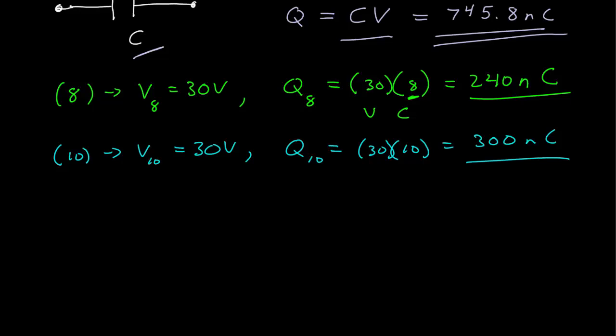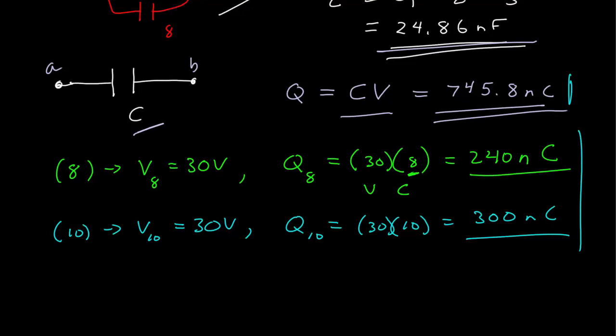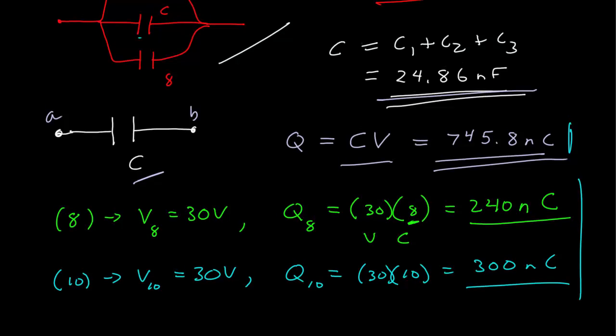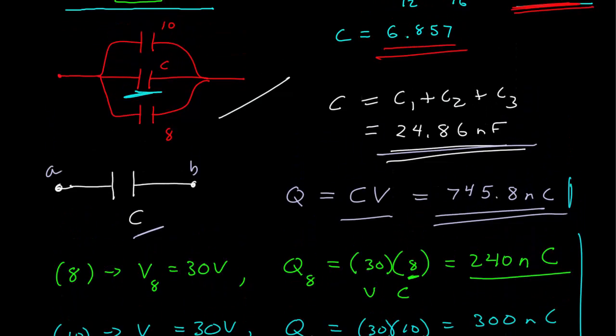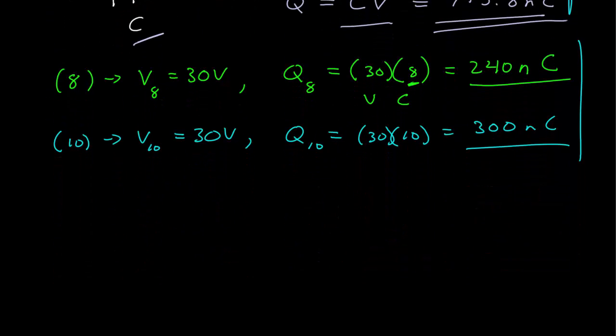Okay, so I know the total charge, and I know the charge on each of the 8 and the 10, so that tells me the charge being contained in the middle branch of the system.